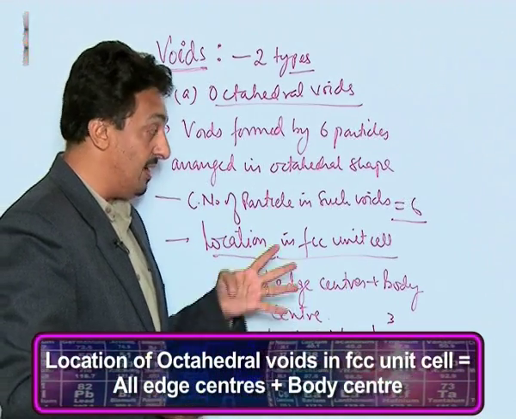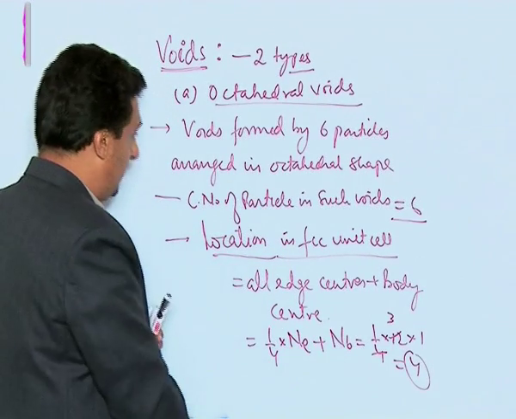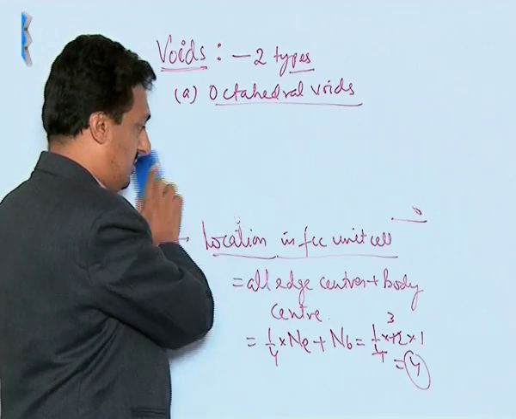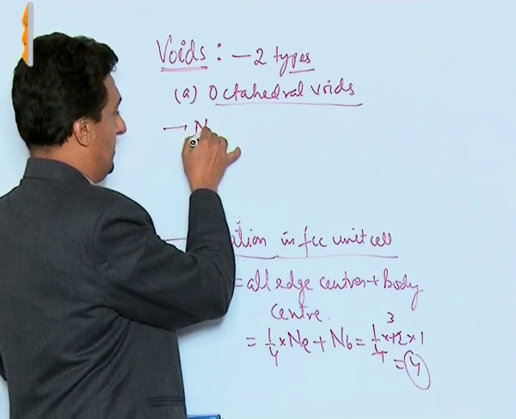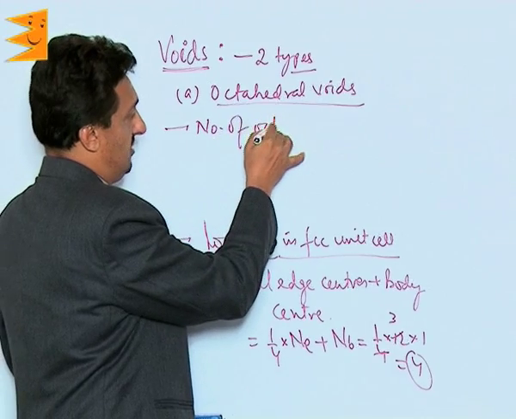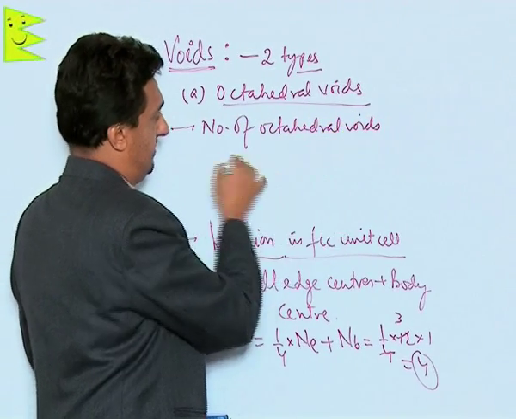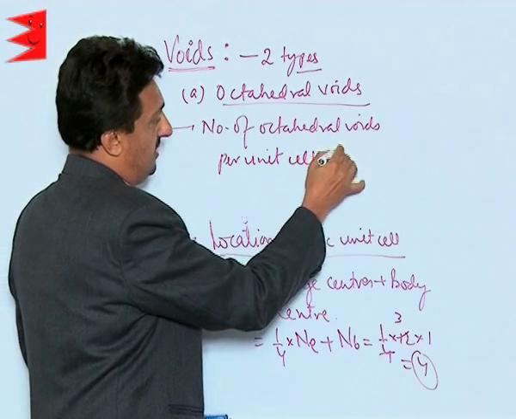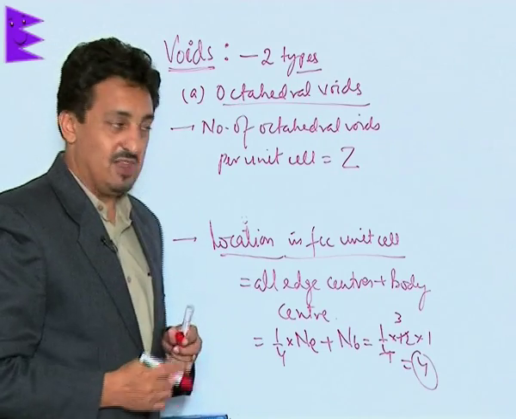And therefore, how many octahedral voids do we have? 4 in case of FCC. From here we can make out the number of octahedral voids. Always remember, the number of octahedral voids per unit cell is always equal to Z, the number of particles per unit cell.